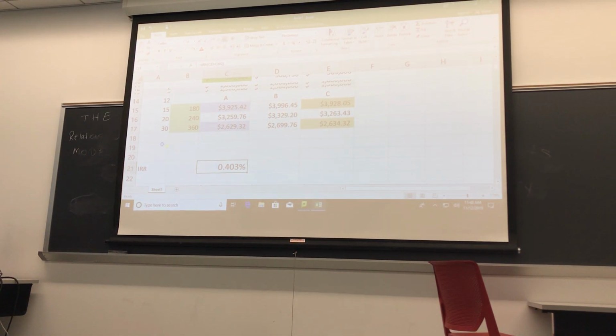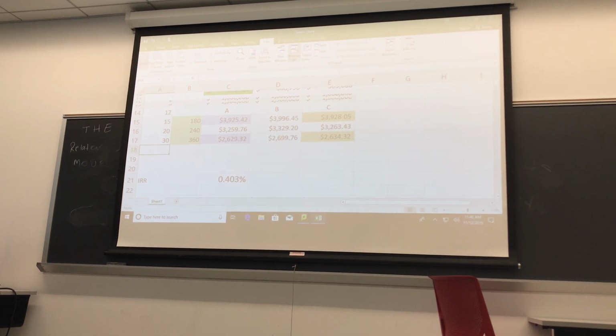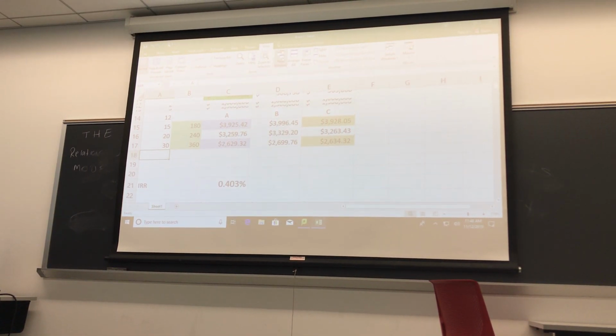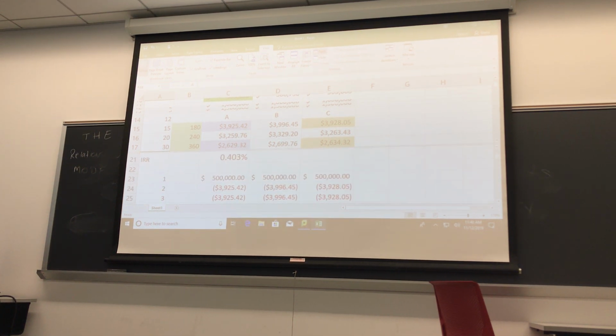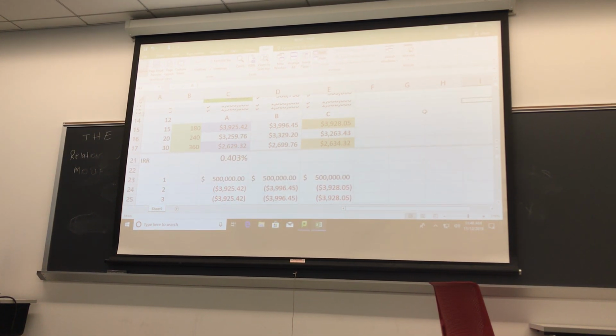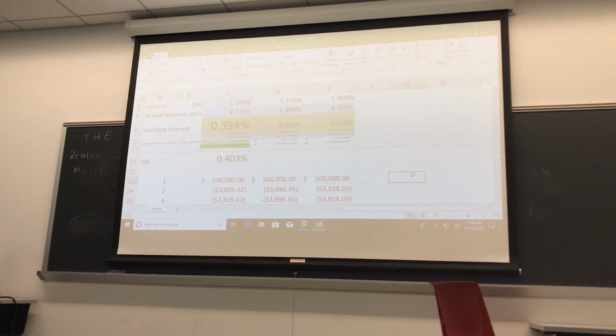Let me go here, put the view, split the screen, and as I go on, I want to compare these two rates. And as I compare these two rates, I want you to tell me what is the difference.